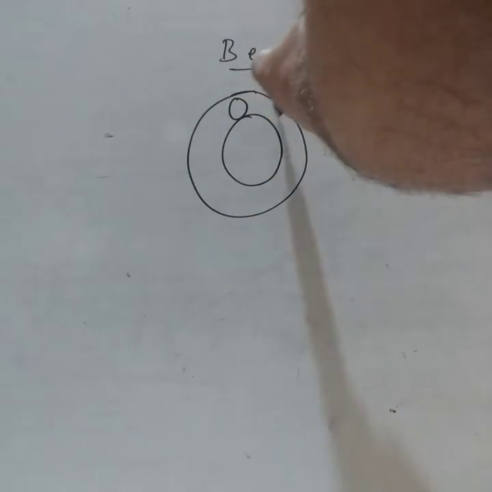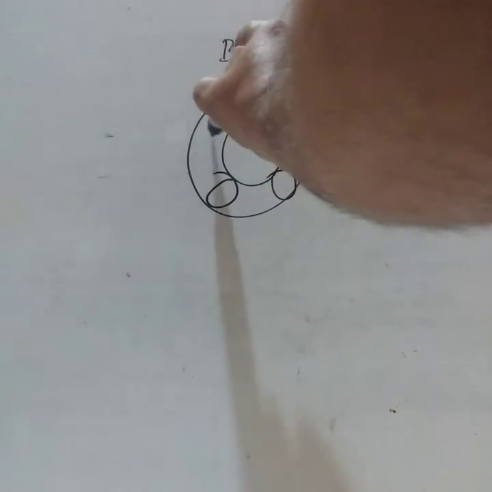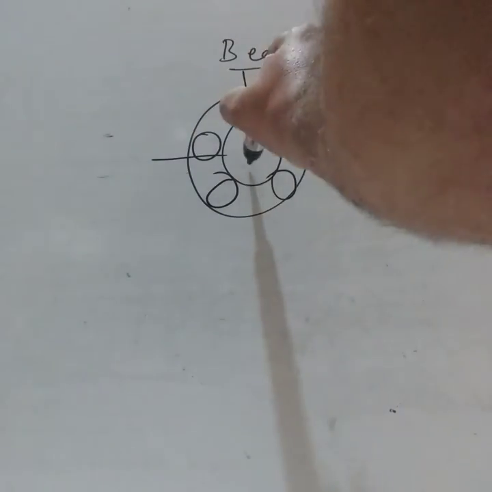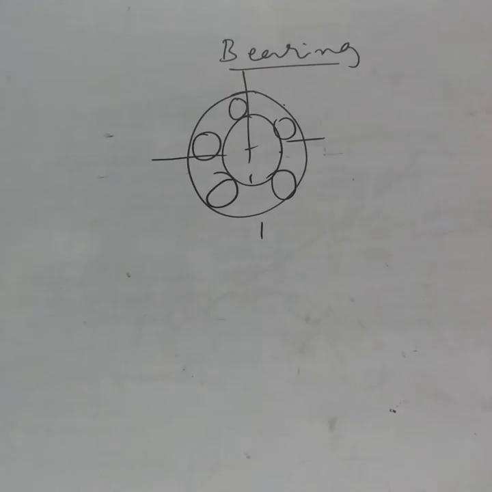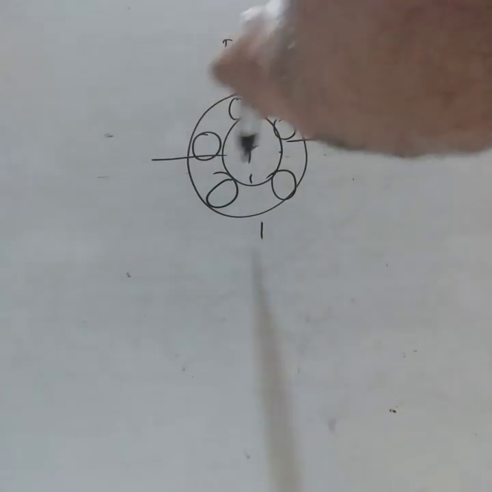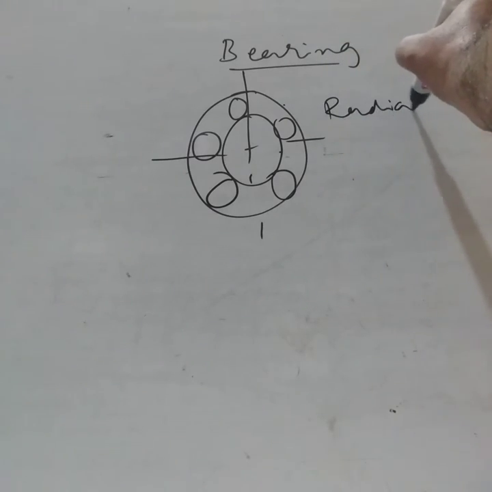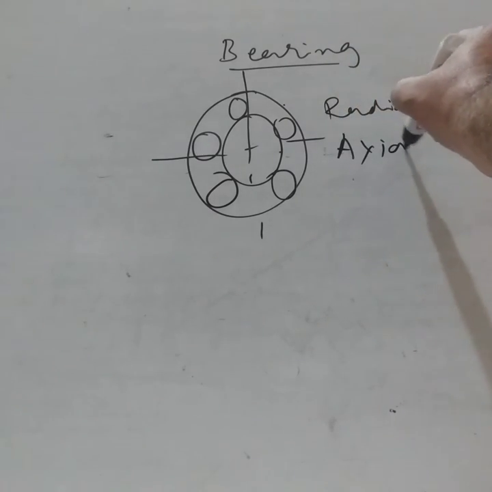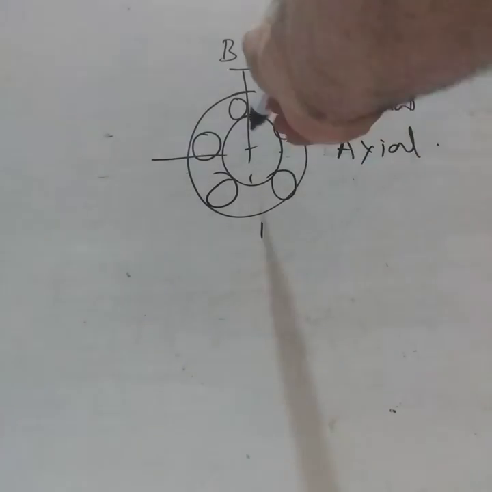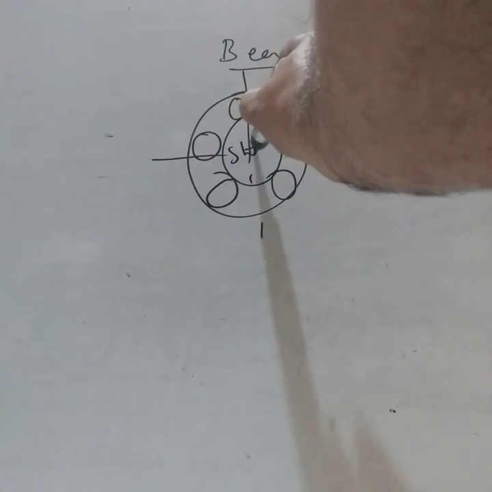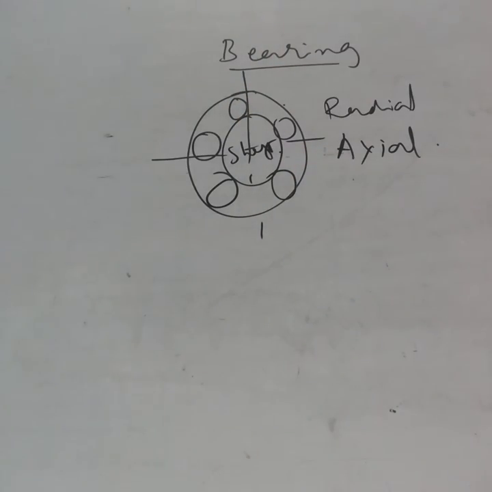This we have seen in the case of rolling contact bearings, wherein you have steel balls or rollers, and this is the inner ring and this is the outer ring. So it essentially supports a shaft, helps in taking up both radial load and axial or thrust load. So a bearing is a machine element which supports another moving element, that is the shaft, and also takes up loads such as radial and axial loads.